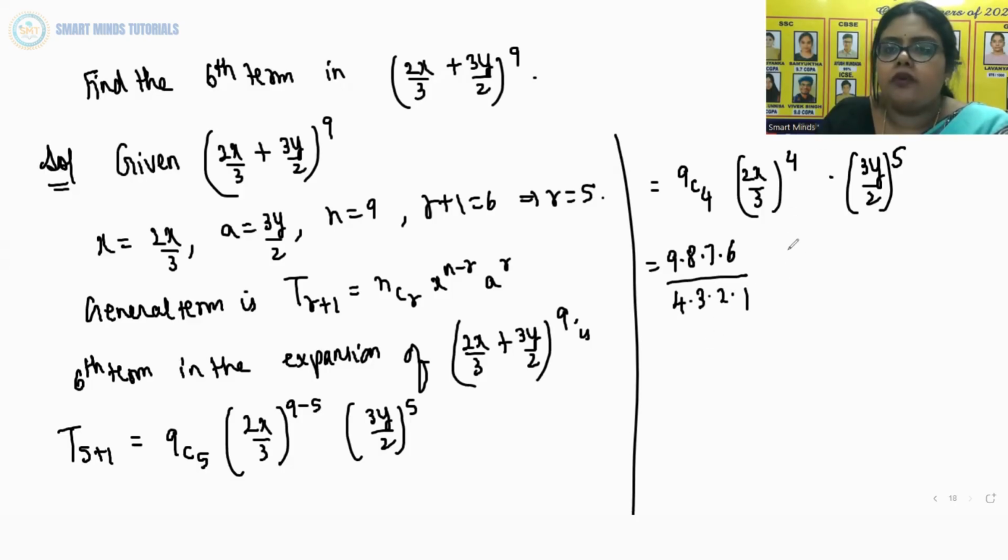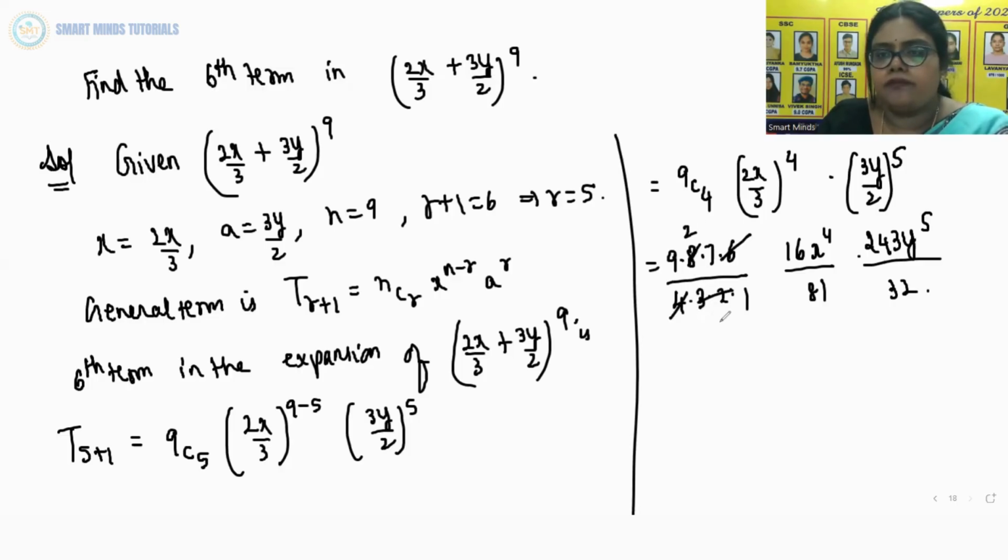Then 2 power 4 is 16, x power 4 by 3 power 4 is 81. And over here we can write this as 243 y power 5 by 2 power 5 is 32. Now 3 twos are 6, cancel; 4 ones are 4, twos are 8.